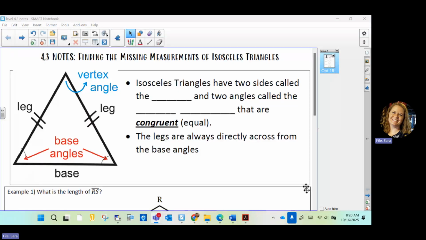This builds off of what we talked about yesterday. In our vocab notes in 4.1, we defined what an isosceles triangle is.